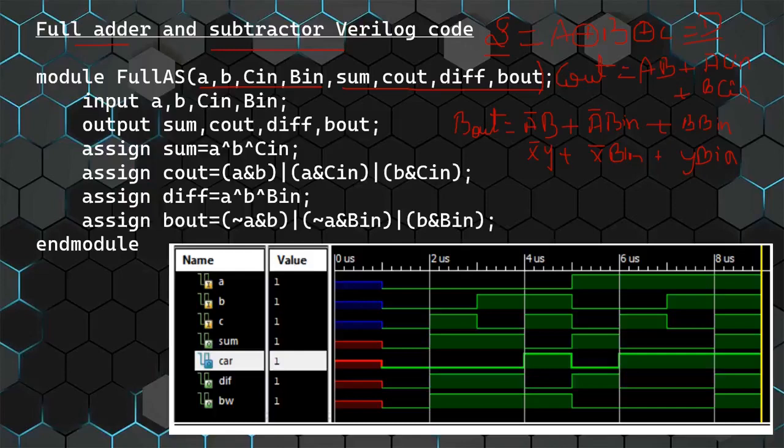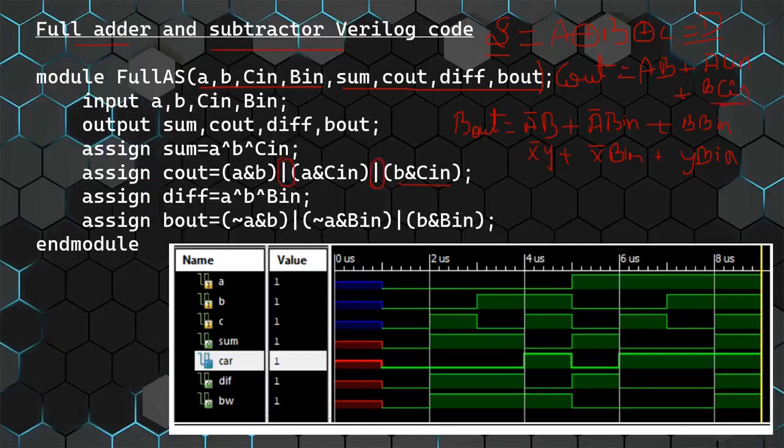Assign first, sum is A XOR B XOR C in. Then assign C out, C out means A and B, and A and C in, between A and B, A and C in, it is OR. Then OR, B and C in. B and C in can be written as B and C in in dataflow.